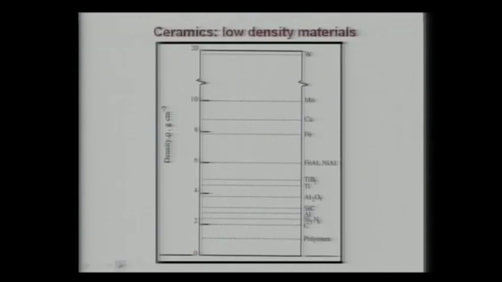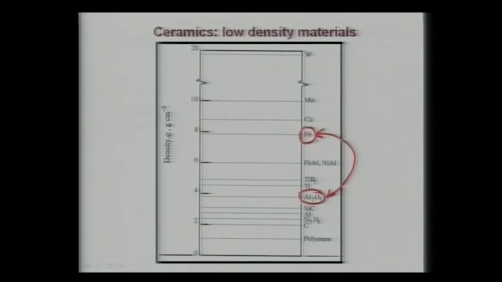Now to give an example of how the properties of ceramics compare with other materials: alumina has a density close to 4 gram per cc, whereas iron has a density of 8 gram per cc. That means equal volumes of alumina and iron have almost half the weight, right?